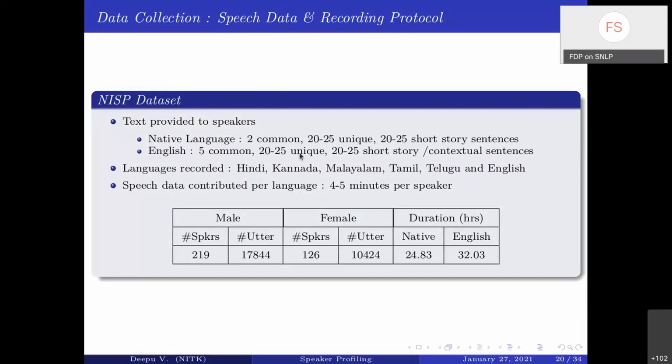In English, there were 5 common sentences, some unique sentences, and short story sentences. So, roughly, 4 to 5 minutes of data is available per speaker. We have recorded all four major South Indian languages, Hindi and English for this study. Here, something like 200 male speakers and 120 female speakers.